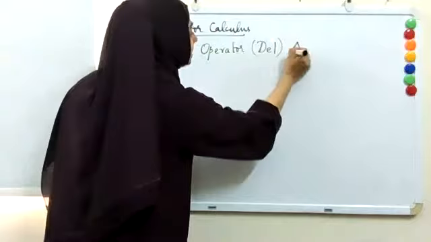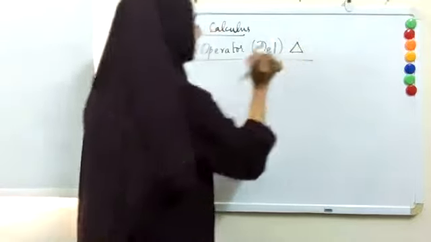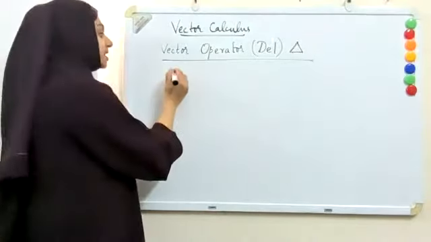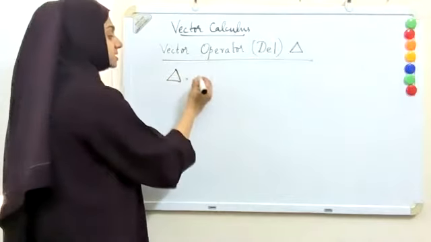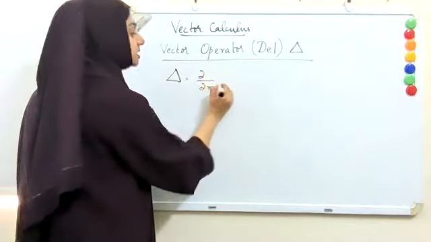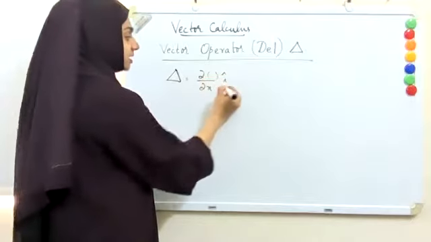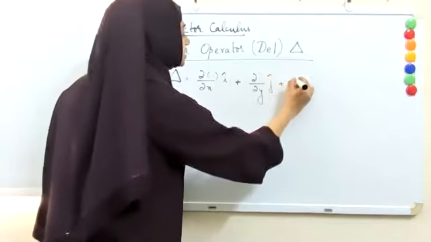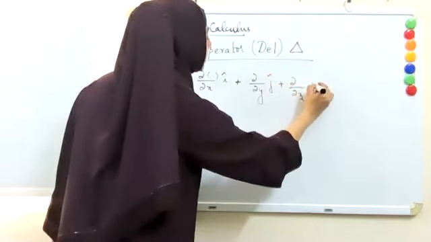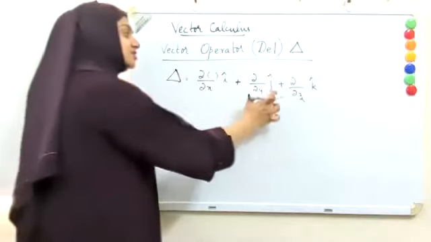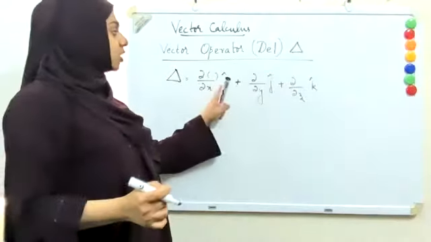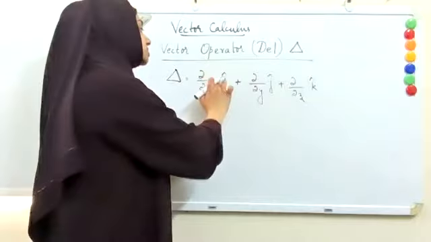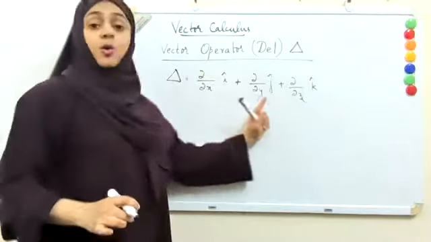It is represented by this delta and you call it del. This operator del is equal to dou by dou x i cap plus dou by dou y j cap plus dou by dou z k cap. See, there are i, j, k, unit vectors along x direction, y direction and z direction. So this del is called a vector operator.